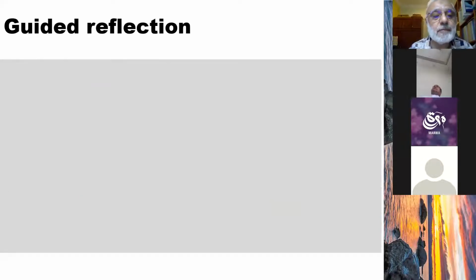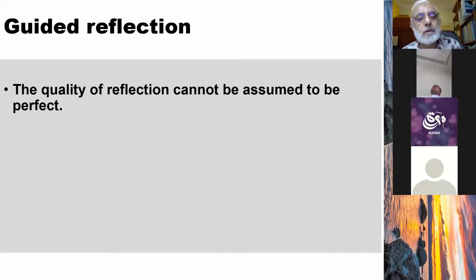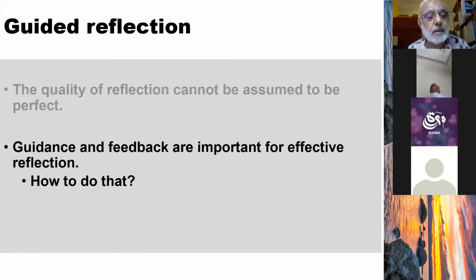Now, coming to reflection, the quality of reflection cannot be assumed to be perfect all the time, especially by undergraduate medical students. So if reflection is not perfect, then the subsequent actions would not be productive. Guidance and feedback are important for effective reflection.